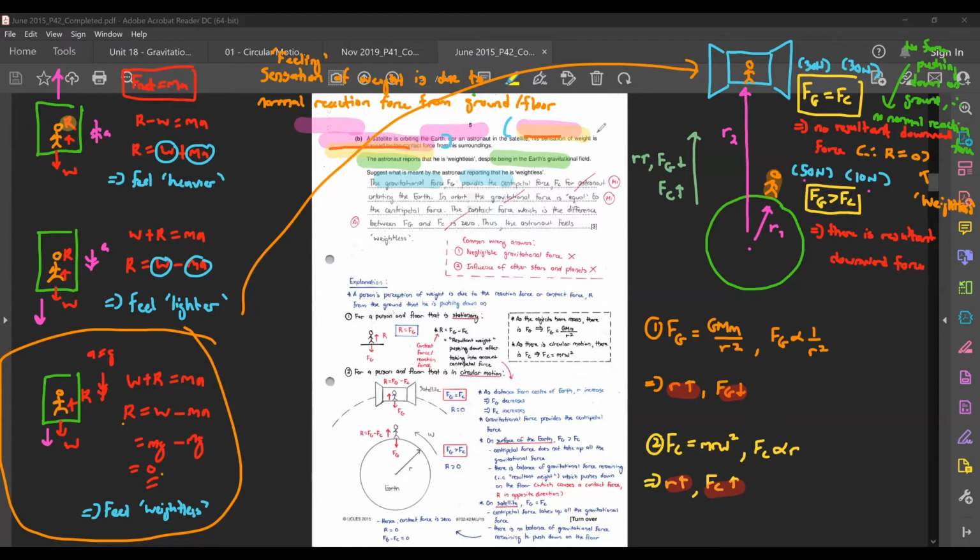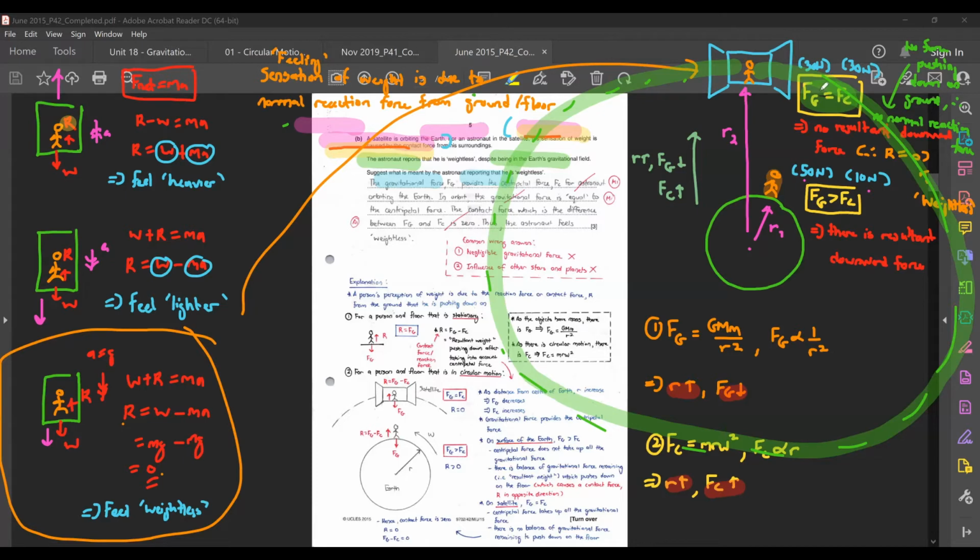This Fg equals Fc, as I mentioned, is only when you are at a very large distance away. All the previous examples you've done so far had Fg equals Fc, right? You can only really say Fg equals Fc when you're talking about a very large separation, when you have an object orbiting around the planet itself.